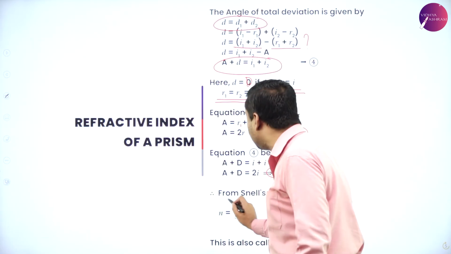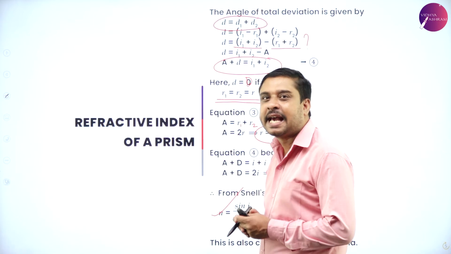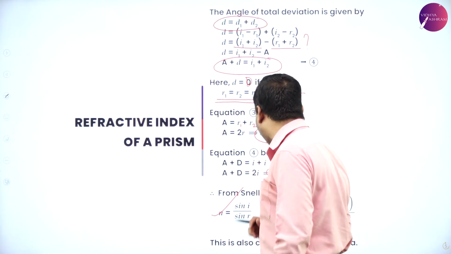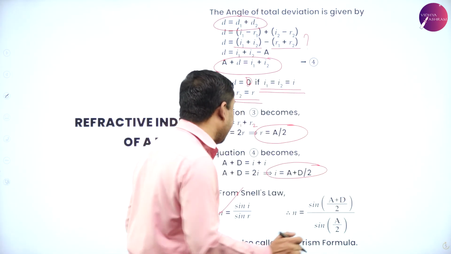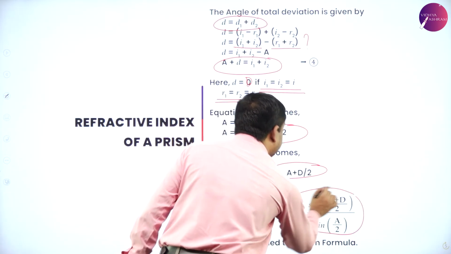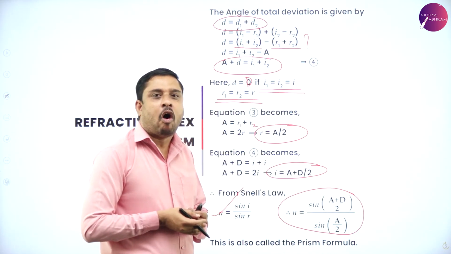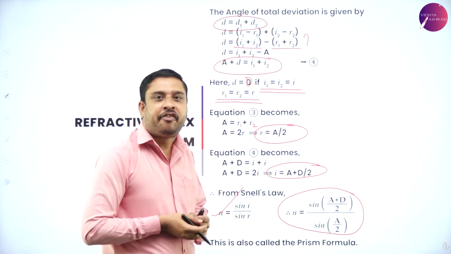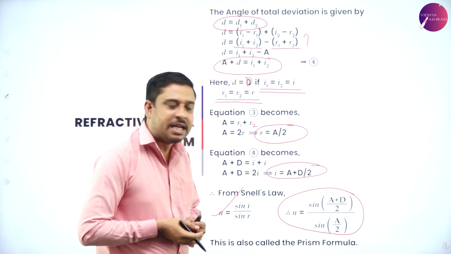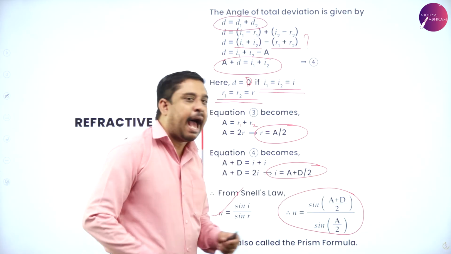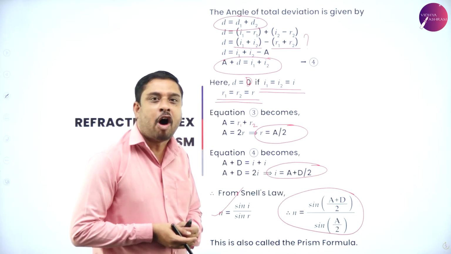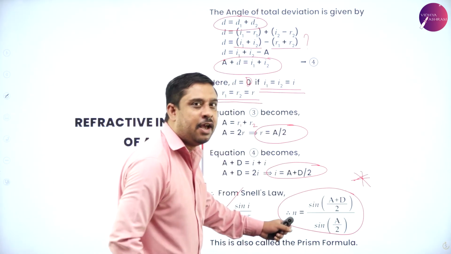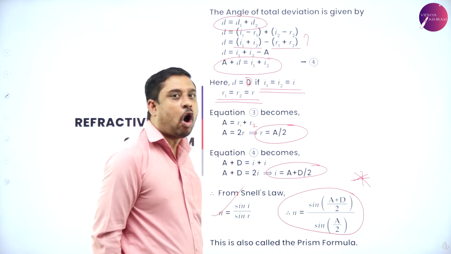Now, very clearly, Snell's law says N equals sin I by sin R. I is A plus D by 2. R is A by 2. And this expression is called the prism formula, or it is the refractive index of the prism in terms of angle of the prism and angle of minimum deviation. A very important expression which we also use to work out problems.